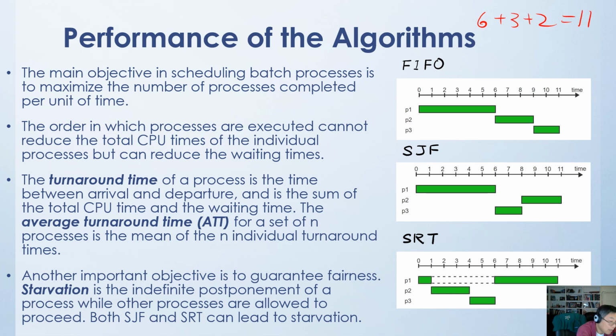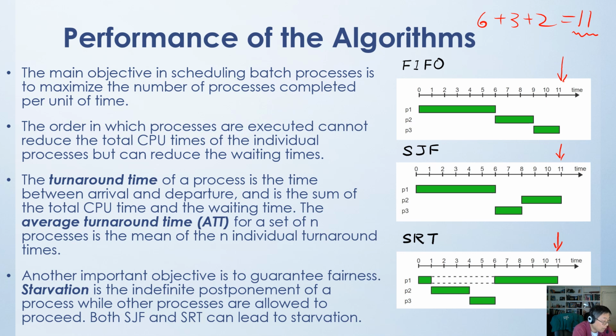So it doesn't matter which scheduling algorithm we use. In order to complete all the processes, we have to run for 11 time units. You can see the completion time is 11, 11, 11. The only difference is that each algorithm allocates the CPU to a different process at a different time.